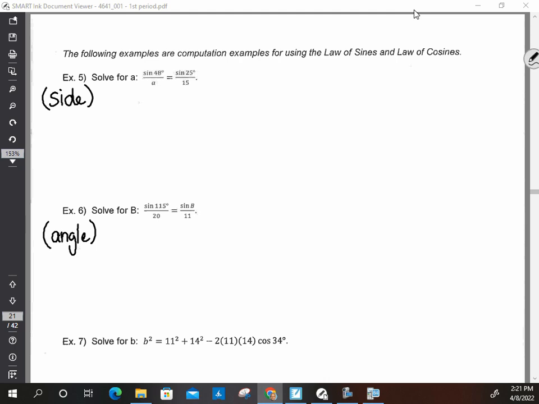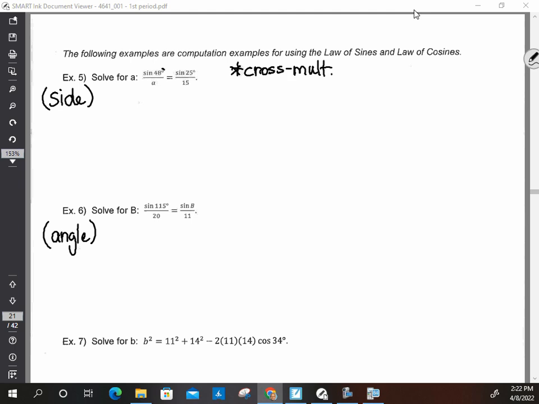So for example 5, solve for A. If you look at the problem, it's pretty much set up as 2 fractions. So the clue for you there is to cross multiply.